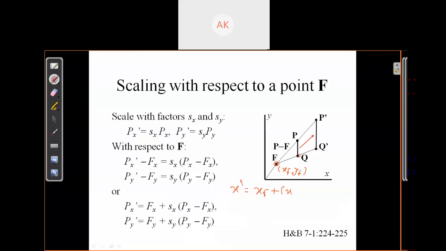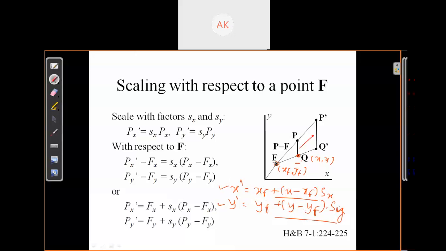x minus xf, into your scaling parameter along the x-axis. Suppose this is the original coordinate point, xy. In the same way, y dash equals yf plus y minus yf, into sy. When your scaling point is not the origin, you follow this equation.